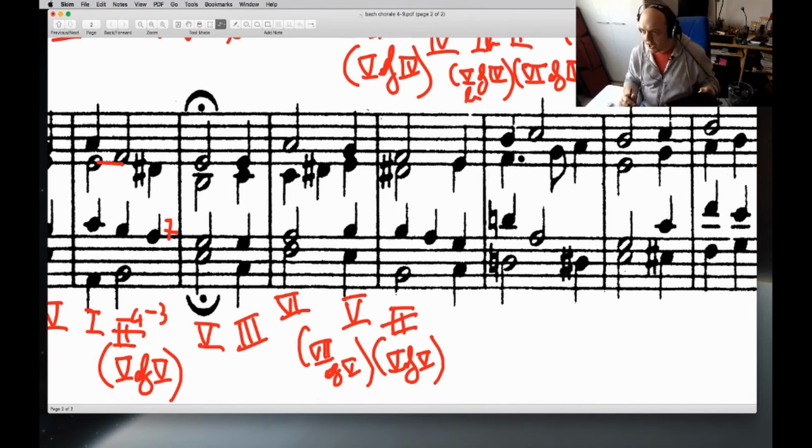It goes to C sharp minor, which is 6 of 5. So this is a deceptive cadence, an avoided cadence, call it what you want, of the dominant.